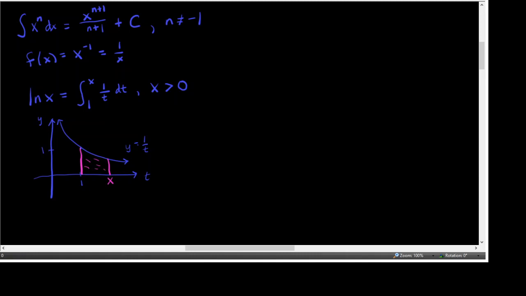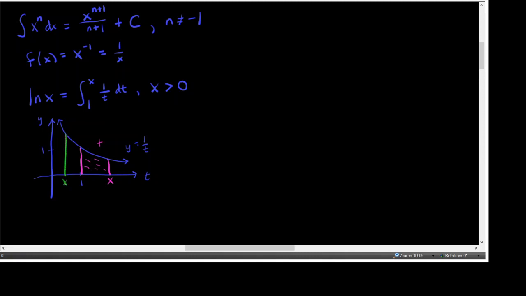Okay, that's how we're going to define the natural logarithmic function. That's what we'll get when x is greater than 1, and I should probably say that since we're finding the area under a curve from 1 to x, that's going to give positive answers.